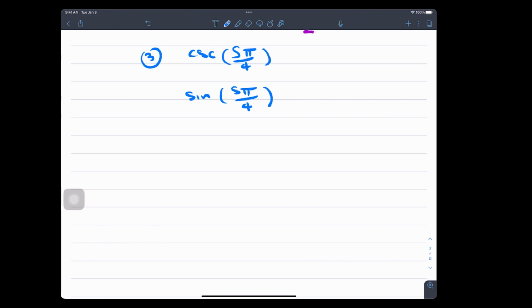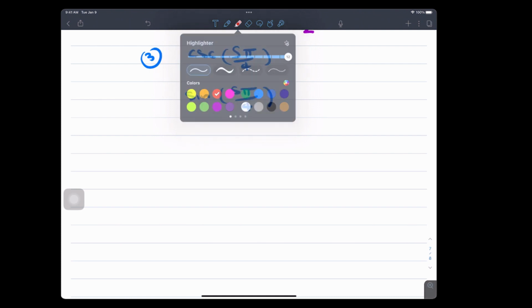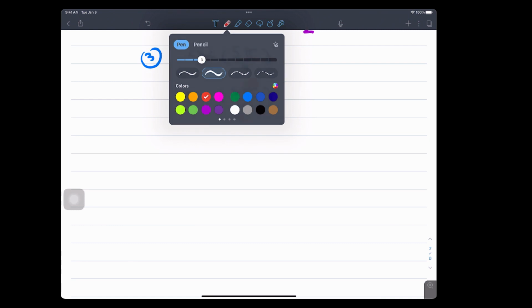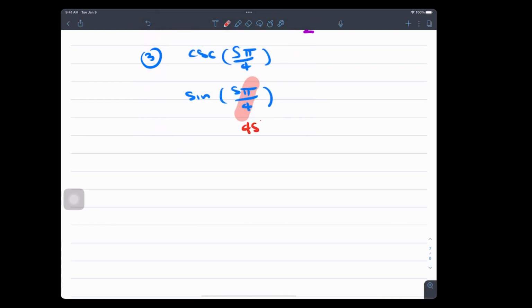Now, I'm going to give you guys a little secret here. You're going to have to tell me what quadrant this lives in. And here's the key. You see pi over 4? What angle is pi over 4? That's 45 degrees. Is that true?